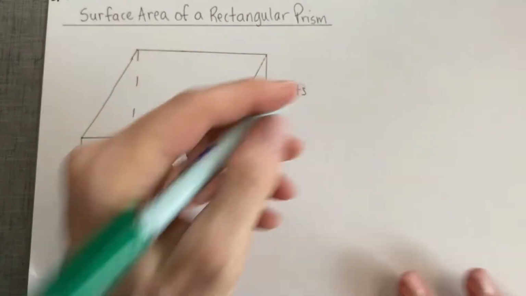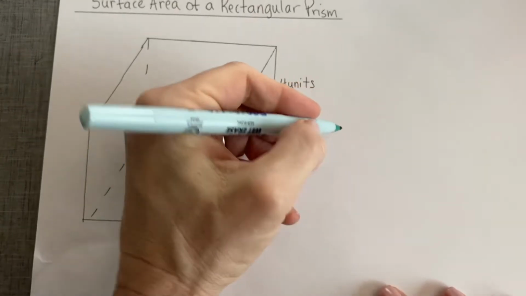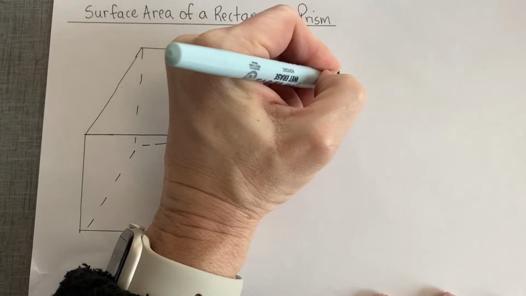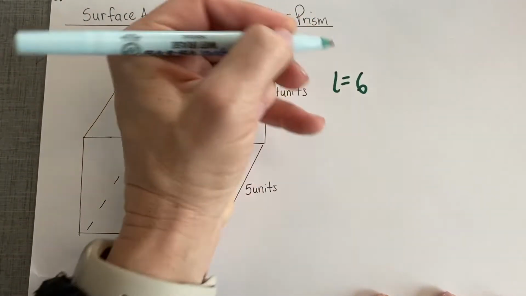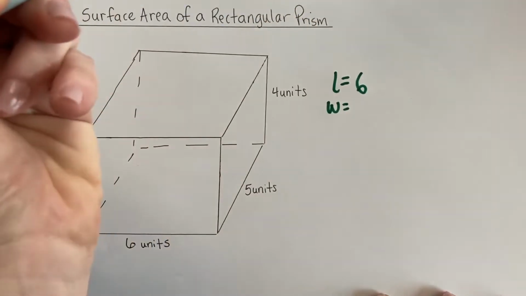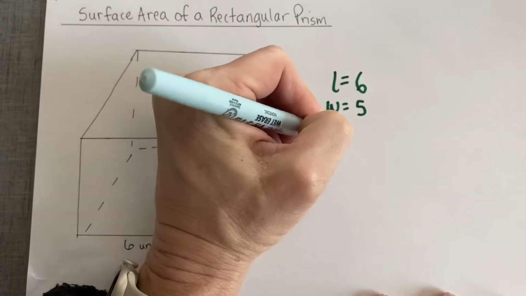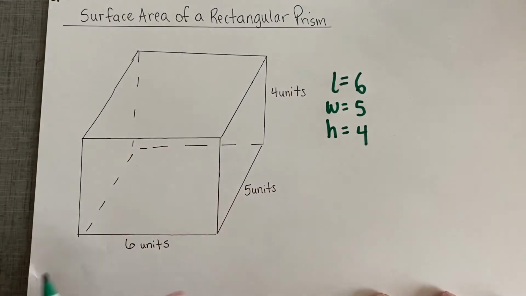Let's use this good old formula that we use. So we need length, which is 6, width, which is 5, and height, which is 4.